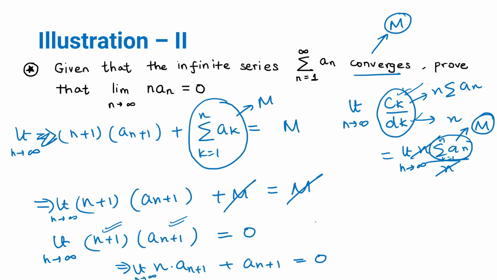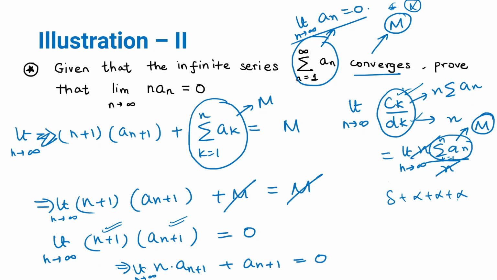Now one last trick which we need to use is that when a series converges, then the terms of the series themselves go to 0. Why does this happen? Because if they do not go to 0 as n tends to infinity, suppose they tend to alpha, then you're going to be continuously adding alpha infinitely many times.